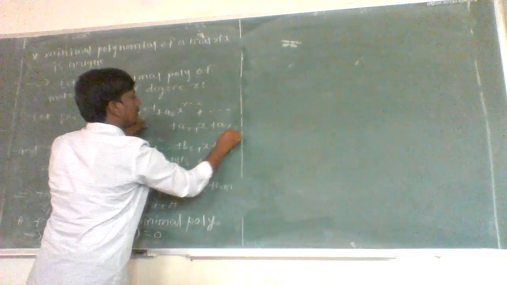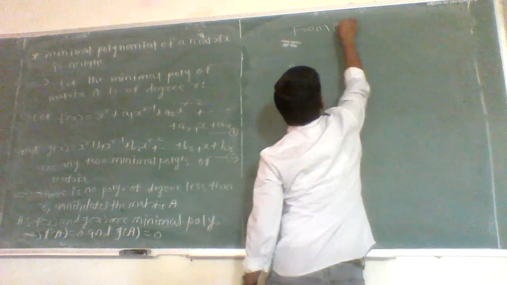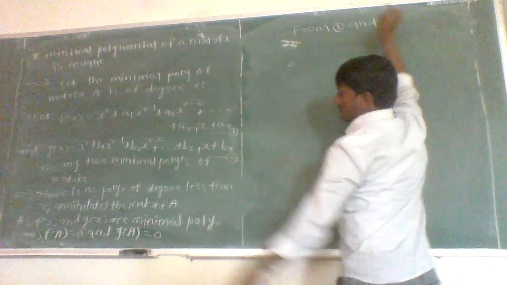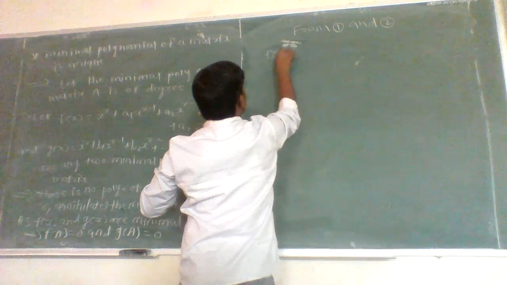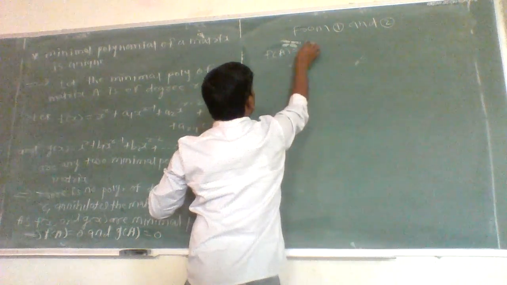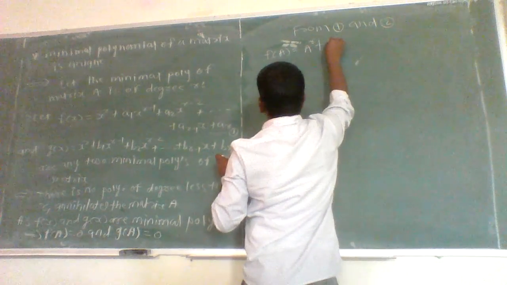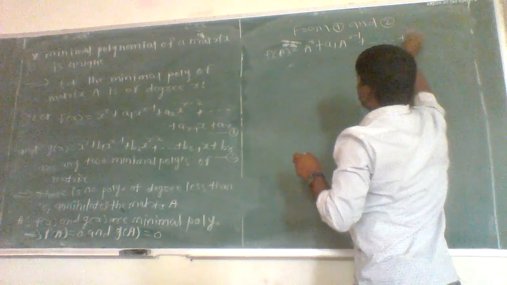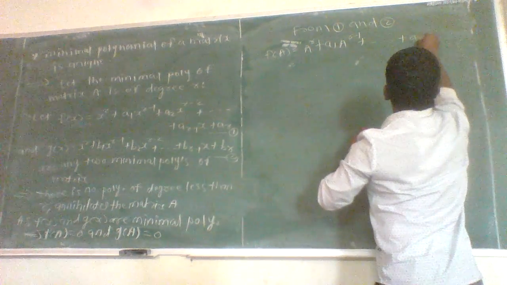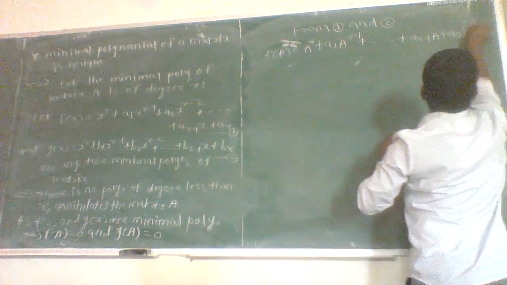Therefore, from equation 1 and equation 2, f of A is A to the power r plus a1 A to the power r minus 1 plus up to so on a r minus 1 A plus a naught I is equal to 0.